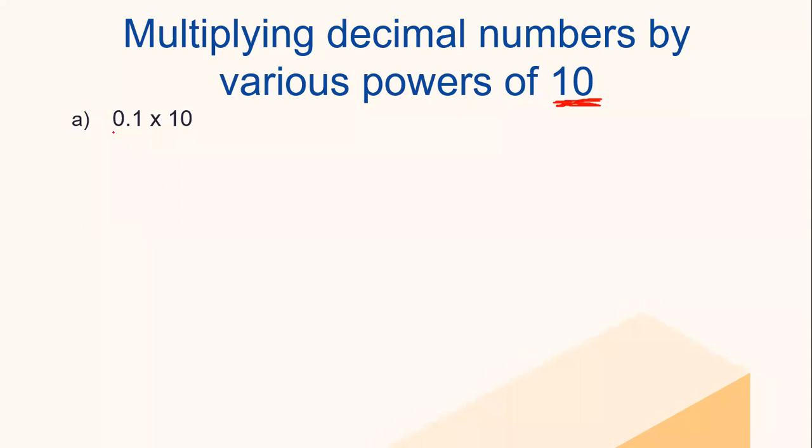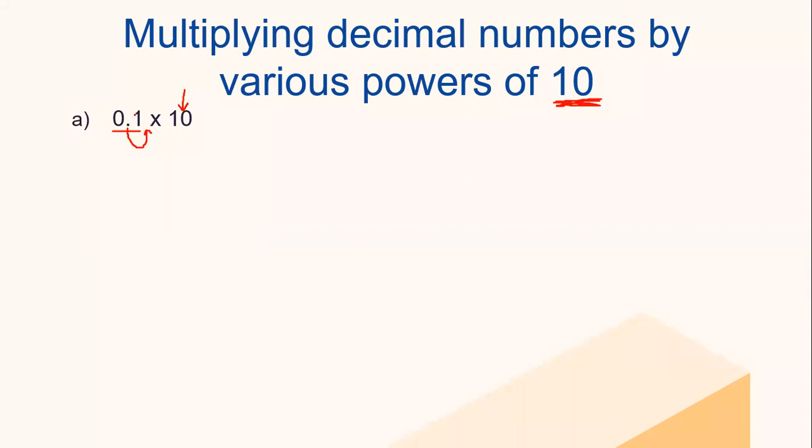That means your result must be greater than 0.1. Remember that. In 10 there is a single zero, right? You have to count how many zeros there are. Single zero, that means the dot will shift one place to the right.